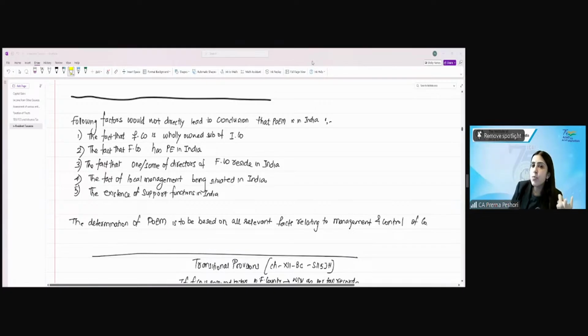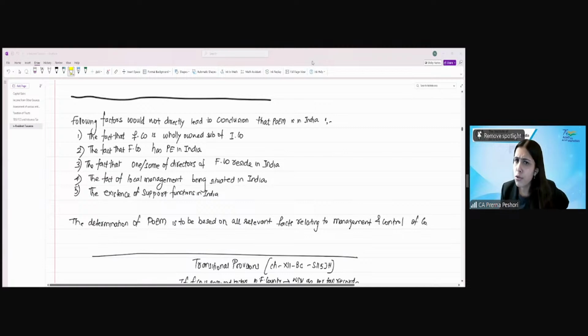These are the key management and commercial decisions. Not how much I have to pay you, daily accounting, or which firm I have to select for auditing. These are routine decisions that may be taken up by the local management in India. These are not key management and commercial decisions.